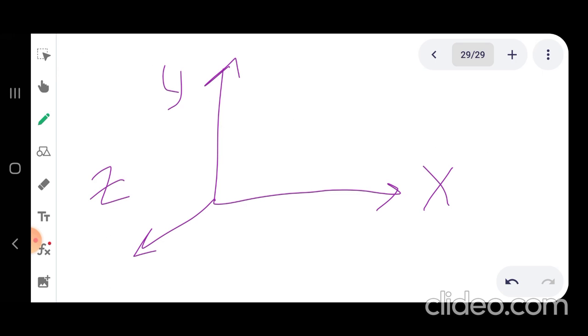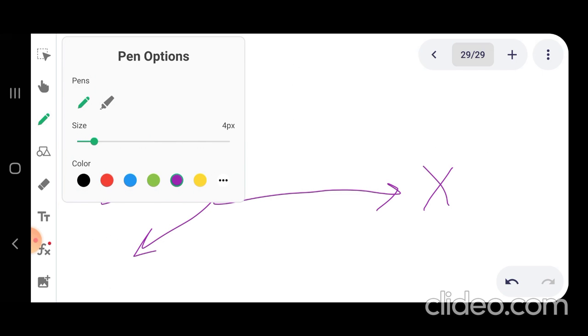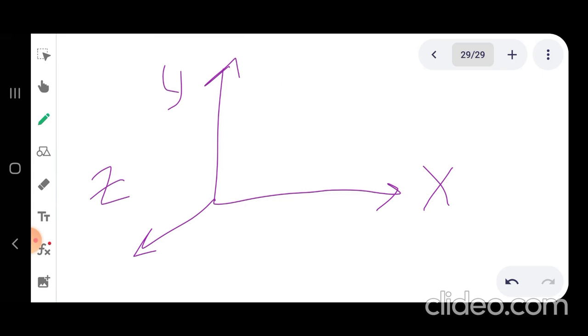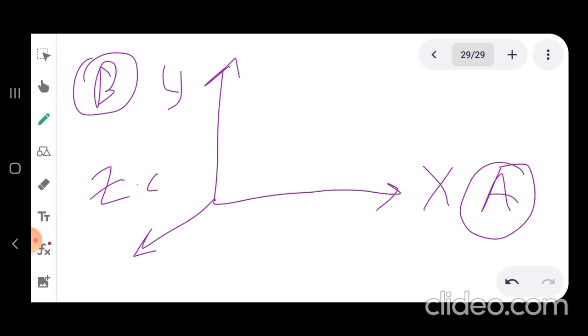Let's say, arbitrarily, that x represents the composition of component A, y represents the composition of component B, and z represents the composition of component C.